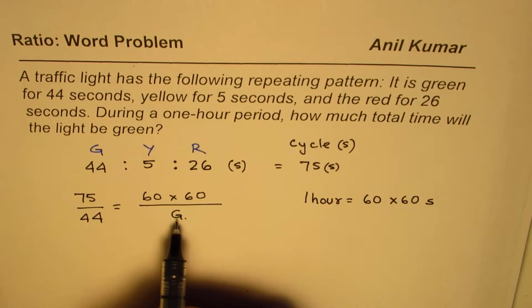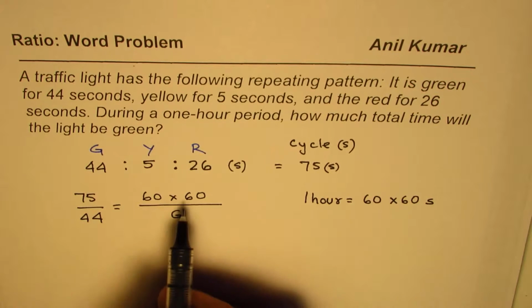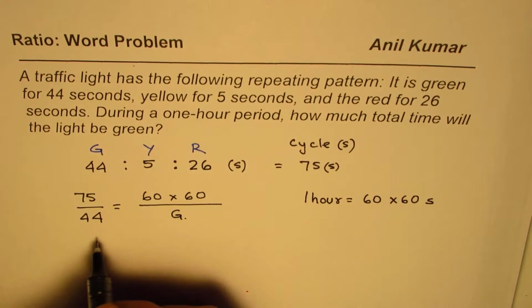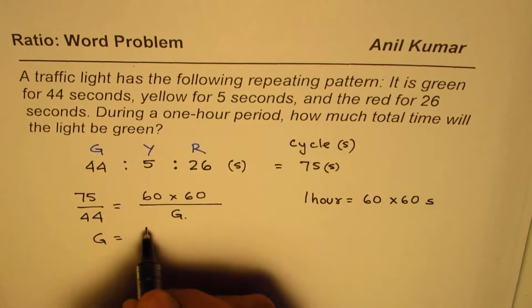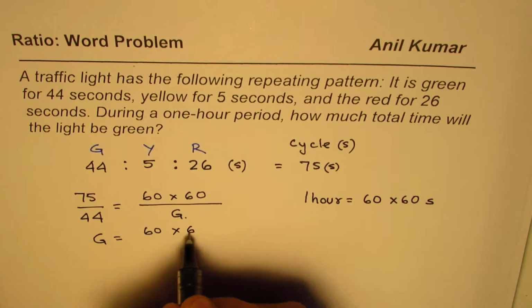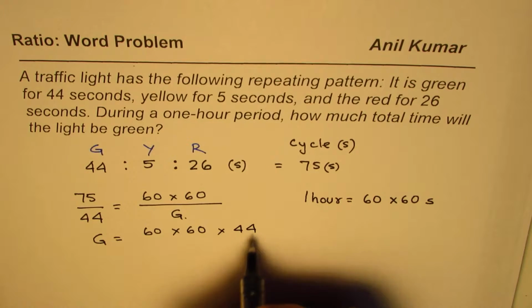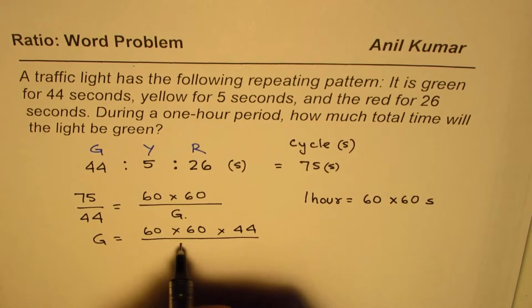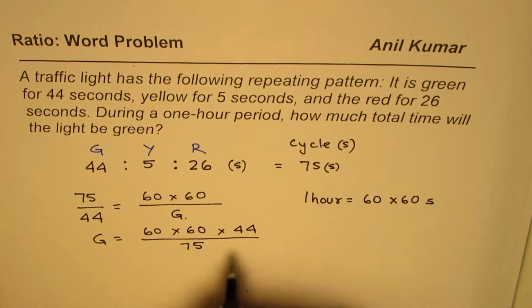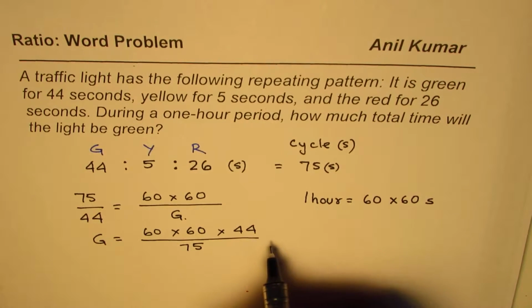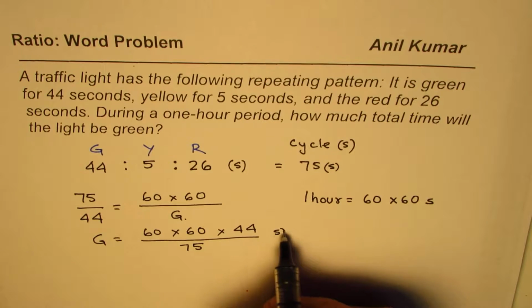To find this value of G, we can cross multiply. So G equals 60 times 60 times 44 divided by 75. This is the total time in seconds.